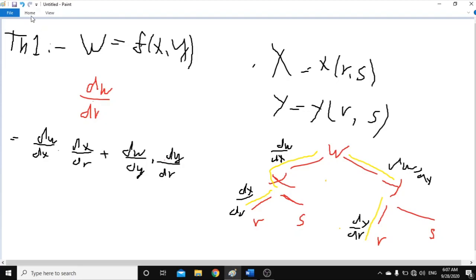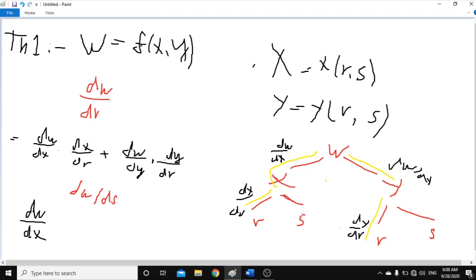But let's say, for example, if you want to write it with respect to s, not with r, dw over ds, for example, it's not going to change a lot. We can write it as dw over dx, because the w here goes to the x.